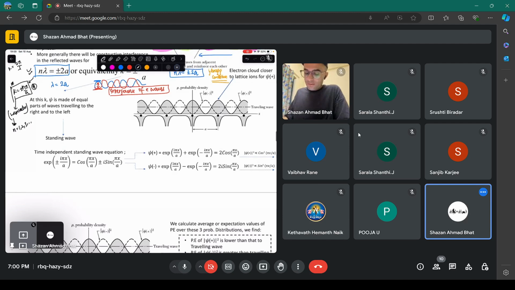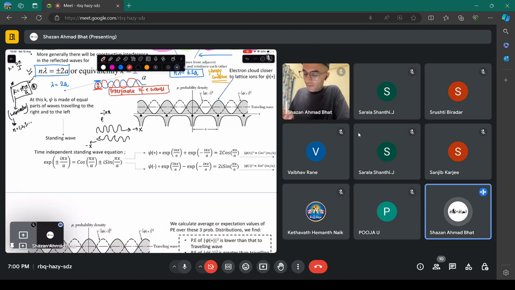what happens is that if you have some electron wave going in this direction, let's say it can be represented as e to the power i k x, and some electron wave coming in this direction. This is minus x because x is this direction, and this is the minus x direction.